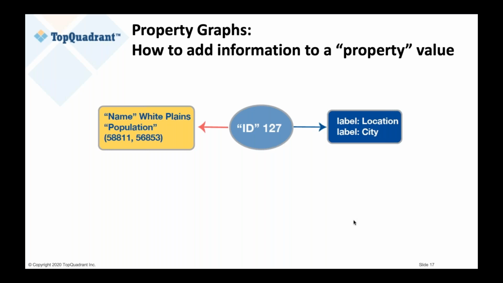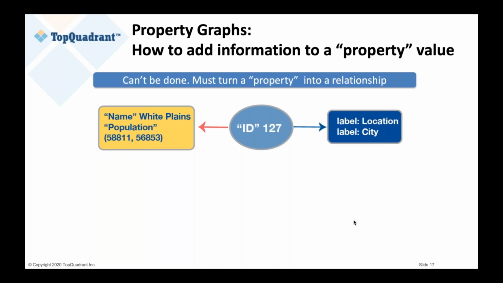I'm looking at this, and I want to say the first population is from 2019, the second population is from 2010, or something like that. How can I do that? Well, you cannot hang annotations on key-value pairs. You can only hang them on edges or nodes. So as is, this cannot be done.